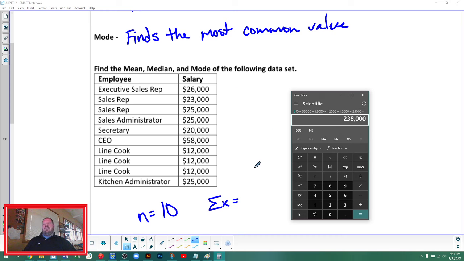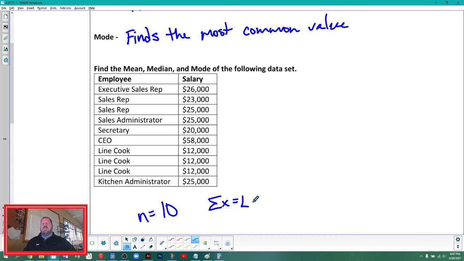So the sum of all of them is 238,000. And so if I divide that by 10, it's going to give me the mean, 23,800.